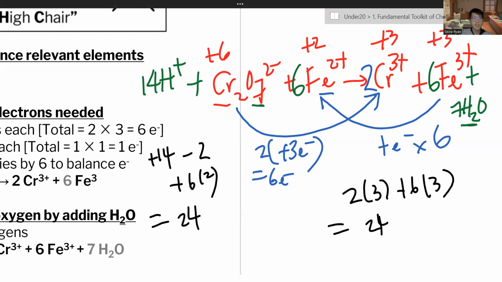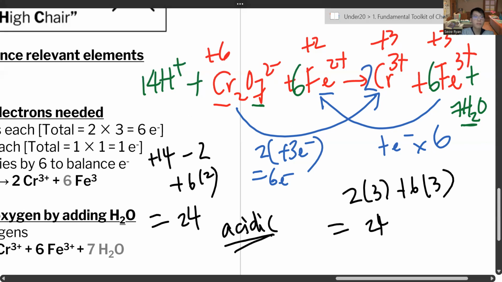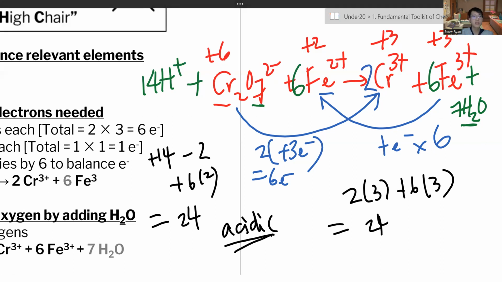But this is in acidic medium. If we want to make it in basic medium, all we need to do is convert all of the acidic things into water. So if you have 14H plus, we add 14OH minus, and because this is an equation, we must add it on both sides.